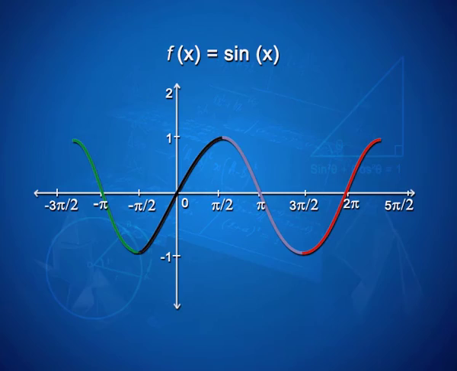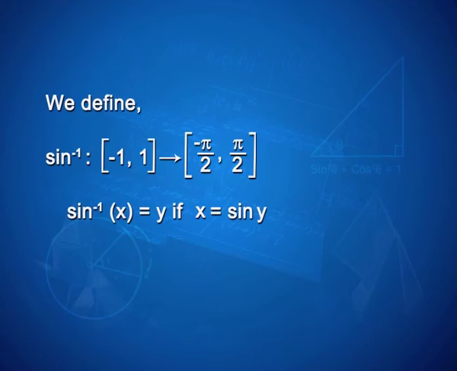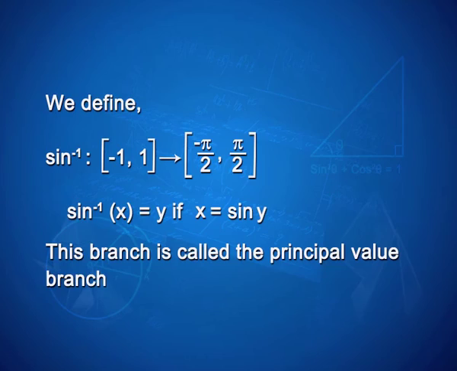1-1 and onto function. And so, we are able to define sine inverse as a function from closed interval minus 1 1, the range of sine function now becoming the domain of sine inverse, mapped onto the interval minus pi by 2 to pi by 2, that is the closed interval minus pi by 2, pi by 2, defined as sine inverse of x equal to y if x equal to sine y, and that is known as the principal value branch.